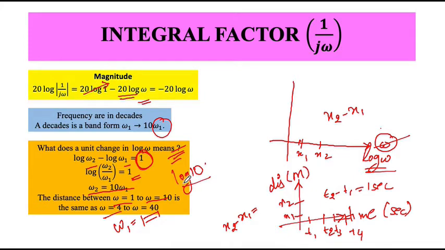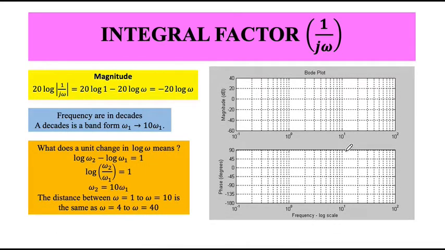You will say log 10 by 1 here is the same as log 40 by 4, right? So the graph is drawn. I will just clear it once. Okay, so this is the graph.